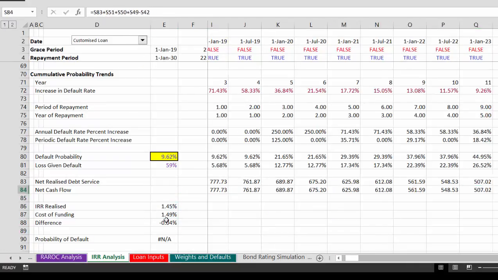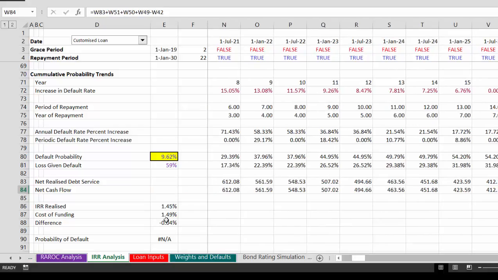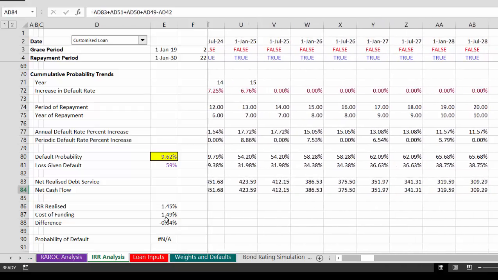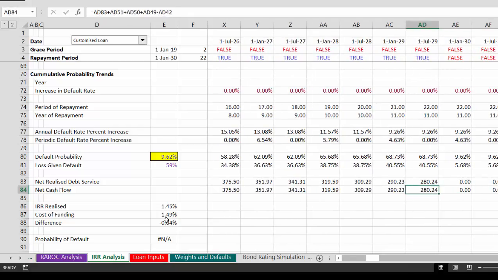Now, if we look across and we go to the very last year in which we had a default, we can see that this credit spread is equivalent to allowing being safe enough to cover a default of 40.55%, and we still get this paid back.